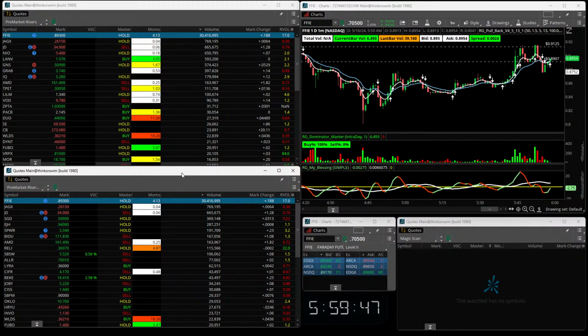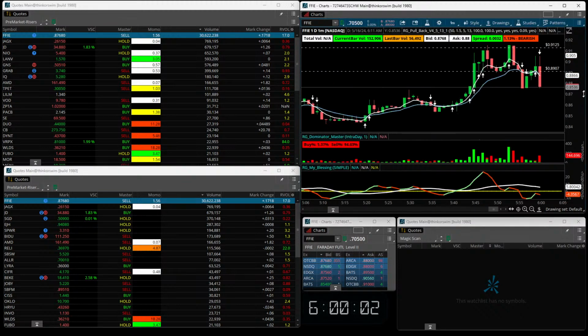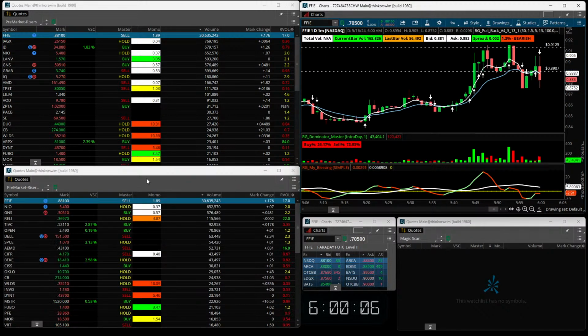All right, let's see how it goes. Got about 10 seconds. I'll zoom in here a little bit so you can get a better eye on it. Watching for volume spikes in this column.